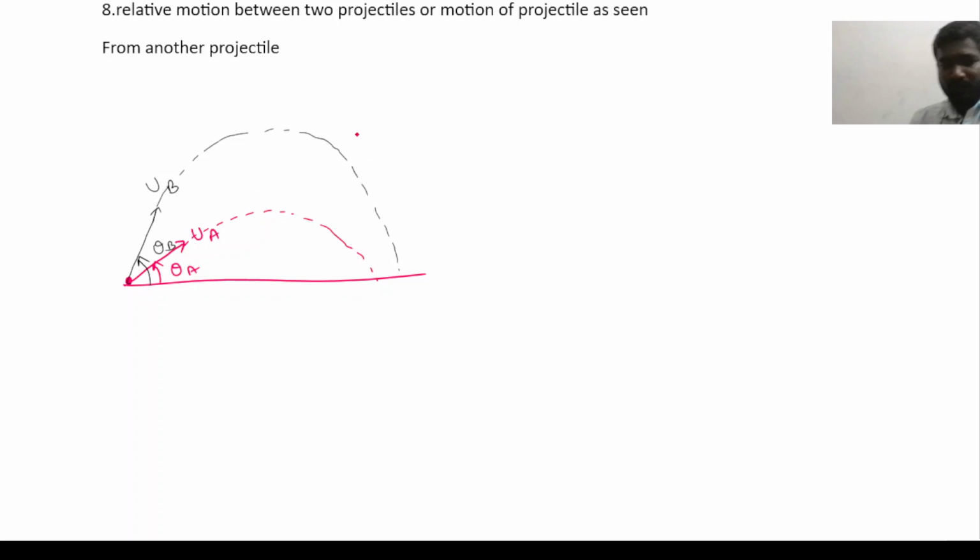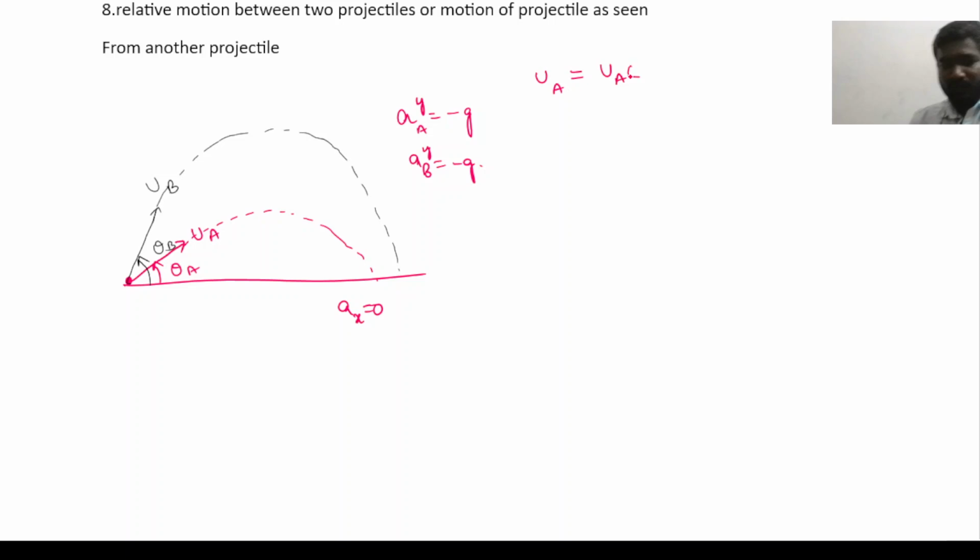Now here you can resolve the acceleration of A, which is minus g, and the acceleration of B, which is also minus g, along the y direction. Acceleration along the x direction for both projectiles is equal to 0. Now here you can resolve the velocity u into two mutually perpendicular components.